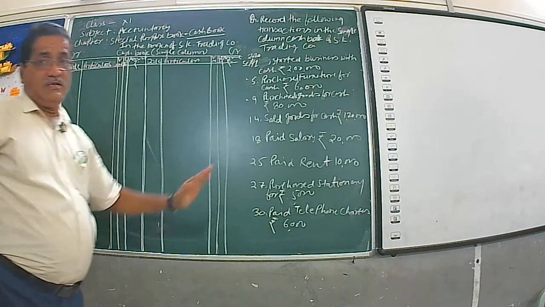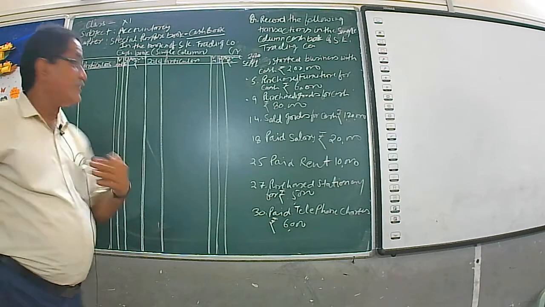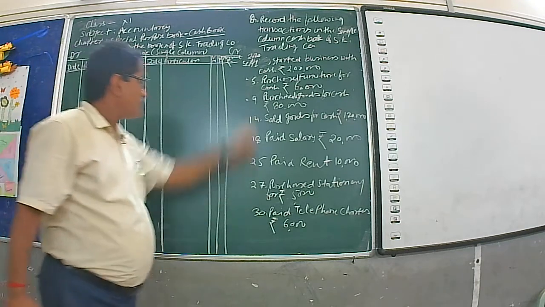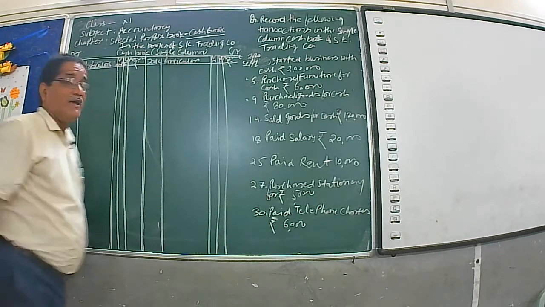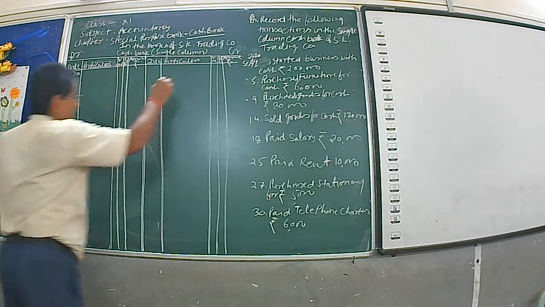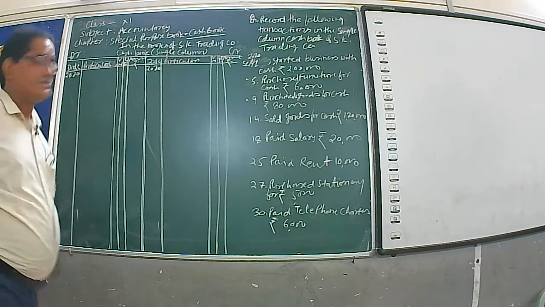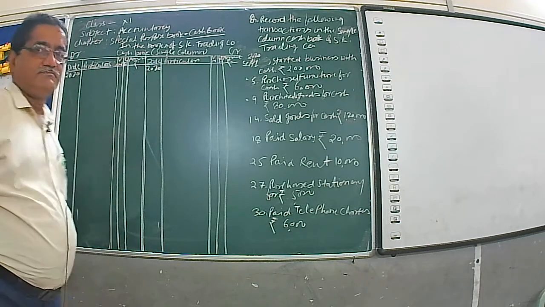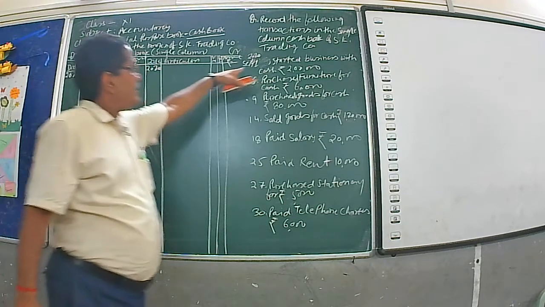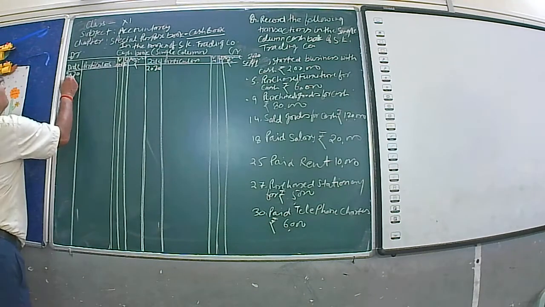So let us start with how and which transactions will be recorded on which side. First you will have to write here, students, 2020 on both sides, in the date column. First write 2020. Next, you will also have to note down the month, September.